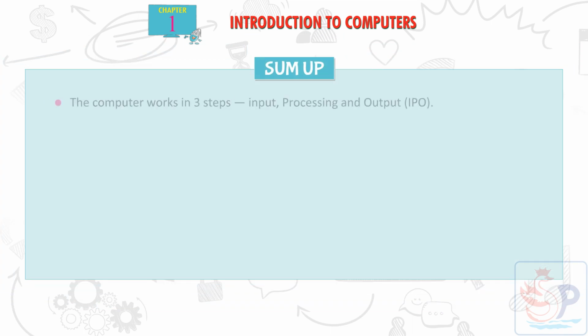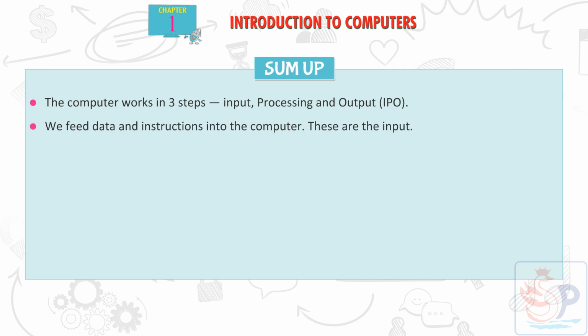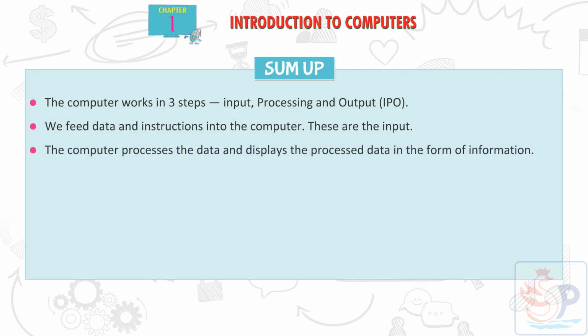Sum up. The computer works in 3 steps: input, processing and output, IPO. We feed data and instructions into the computer. These are the input. The computer processes the data and displays the processed data in the form of information.